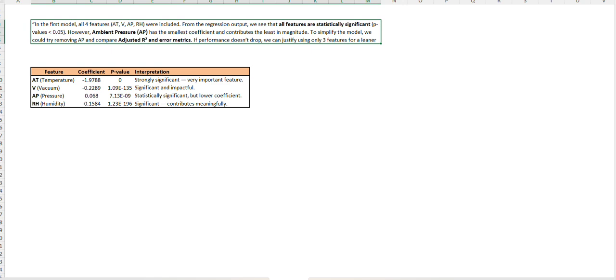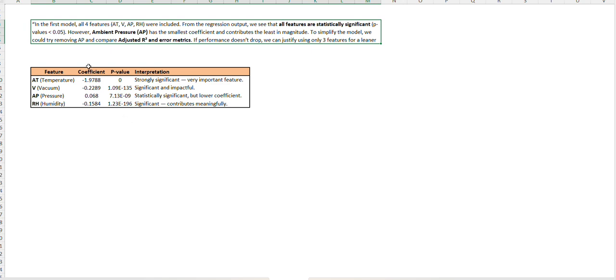When we talk about statistical significance, we talk about the value of p, right? The value of p for all of these cases is less than 0.05. When you see these numbers, we have e, the scientific notation, so the numbers are actually less than 0.05.